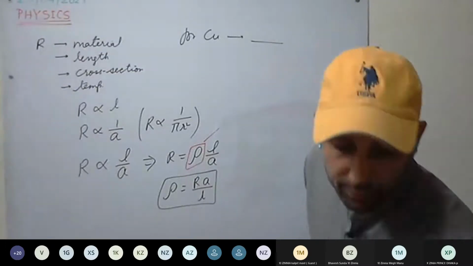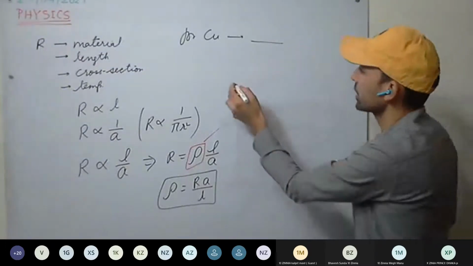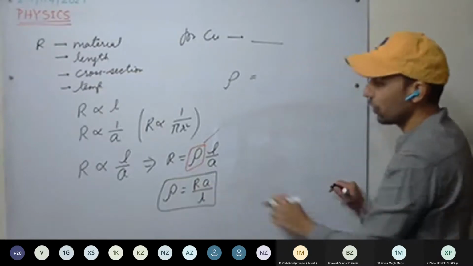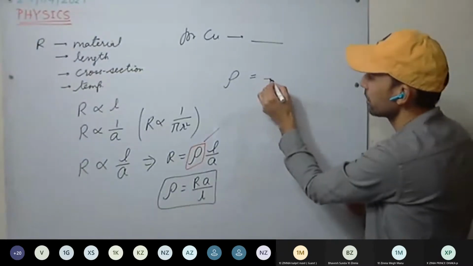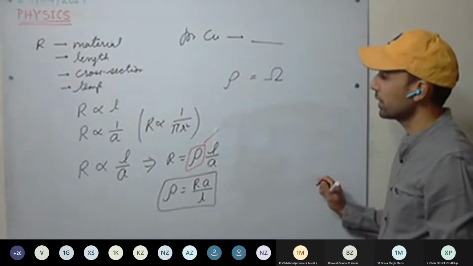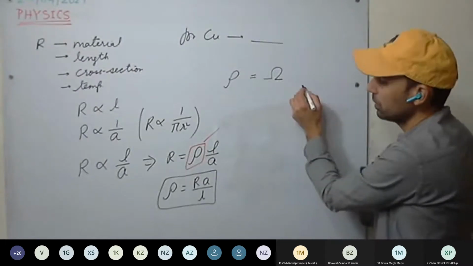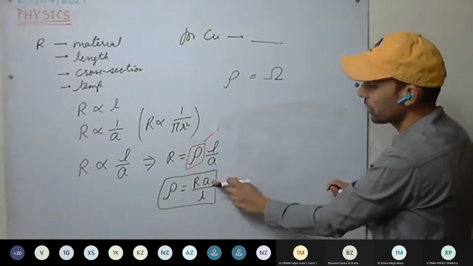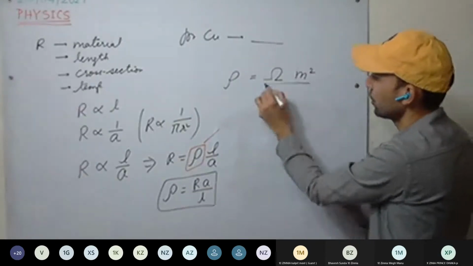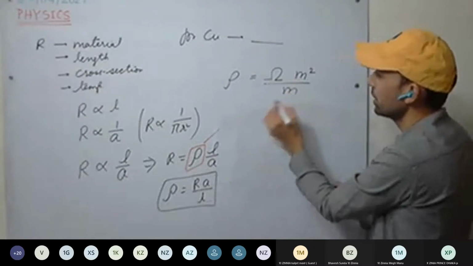Okay. Now we have to derive the unit for resistivity. What will be the unit for resistivity? What is the unit for resistance? Ohm. What is the SI unit of area? Meter square. What is the unit for length? Meter.